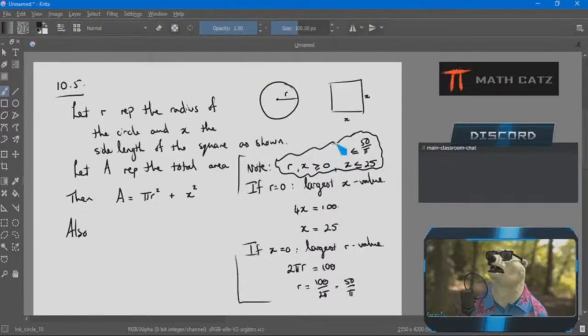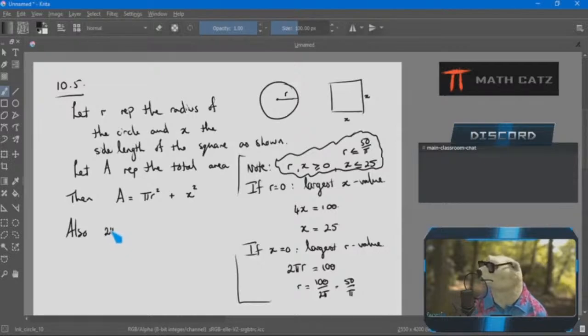Now in general, without these extreme values, something in the middle, the circle portion, area, and the square portion will be there. And the perimeter and circumference of all of them will have to be my 100 feet of fencing.